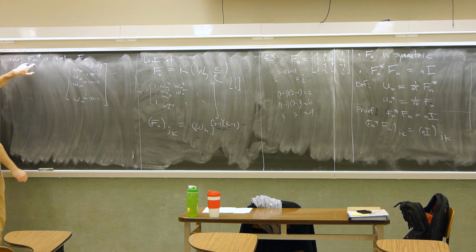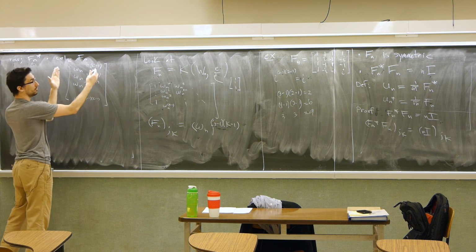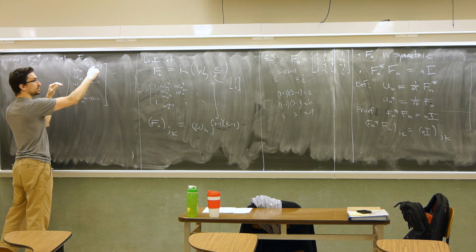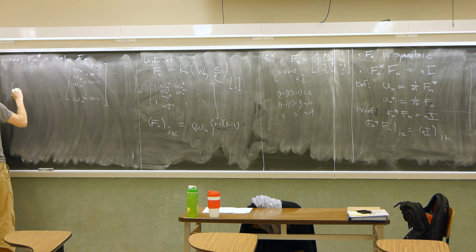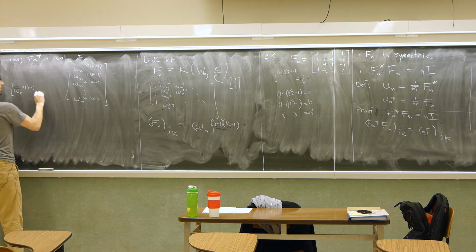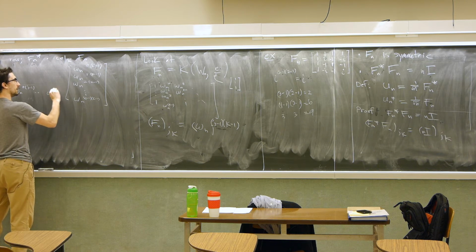Row j of this is going to be the conjugate of column j. So it's going to look like this, except with j's here, and then we're going to take the conjugate. So j minus 1, and then take the conjugate of the whole thing, all the way out to nth root of unity, n minus 1, j minus 1, take the conjugate.